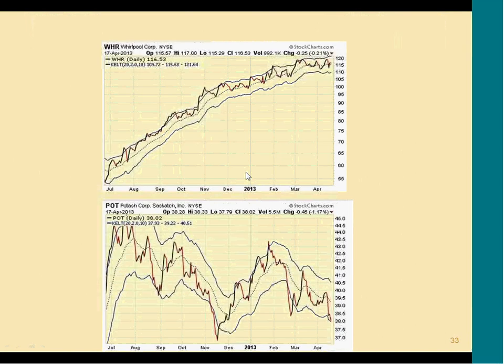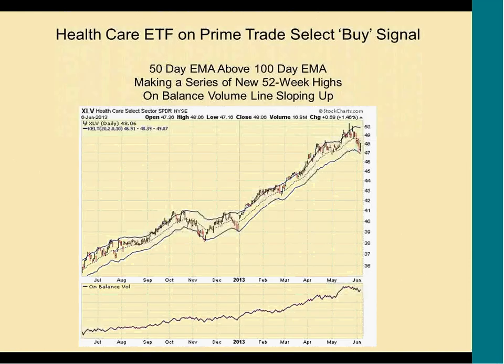This is a Keltner channel chart, but know that the 50-day is in fact above the 100-day. We can see that the healthcare ETF has a series of new 52-week highs and the on balance volume line is sloping up. So here's a good example of the healthcare ETF being on a prime trade select signal.